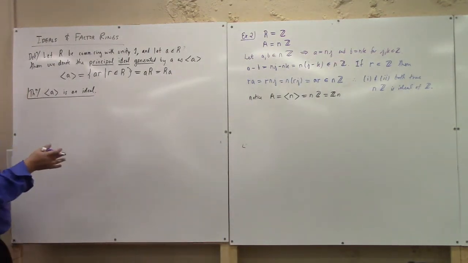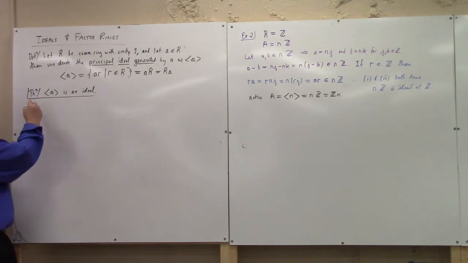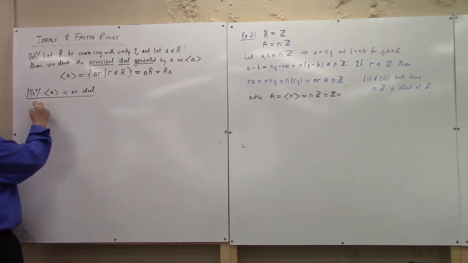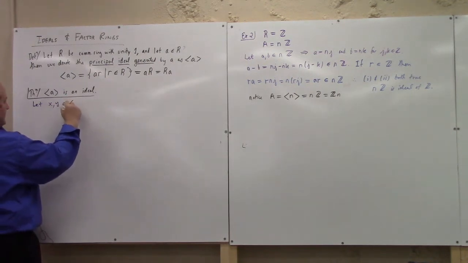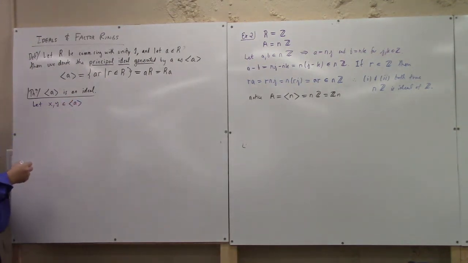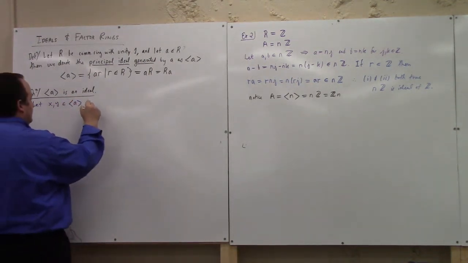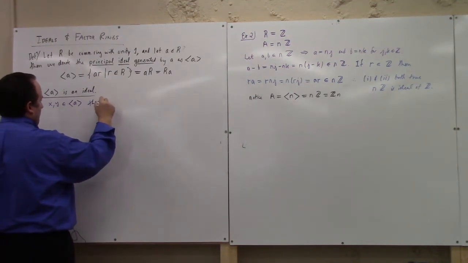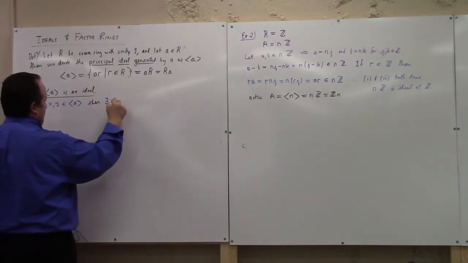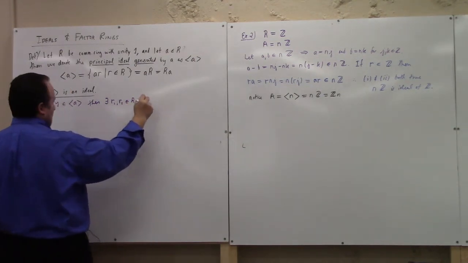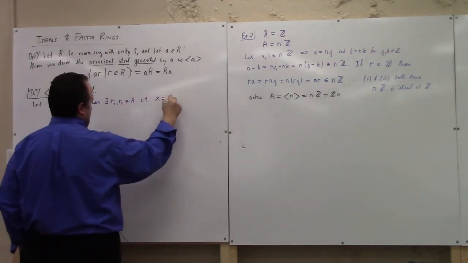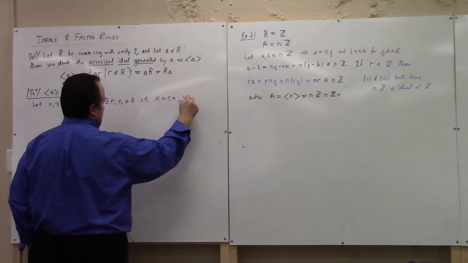Okay, so let's let x and y be elements of the principal ideal generated by a. Then there exist, let's say, r1 and r2 in R such that x equals r1a, and y is equal to r2a.